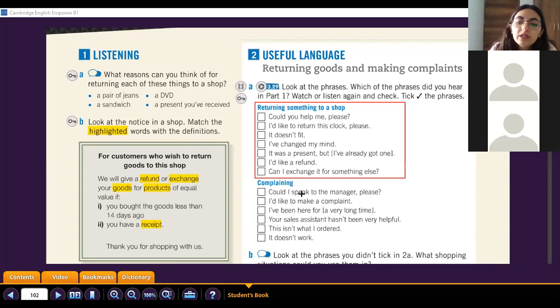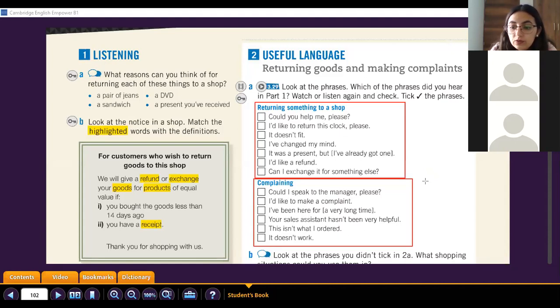Lo mismo si es que ustedes, por el contrario, van a quejarse por el funcionamiento de alguno de sus equipos o productos que compraron. You can use any of these sentences. Okay, for returning something or maybe to complain about something. What are we going to do now? You're going to help me reading these phrases.